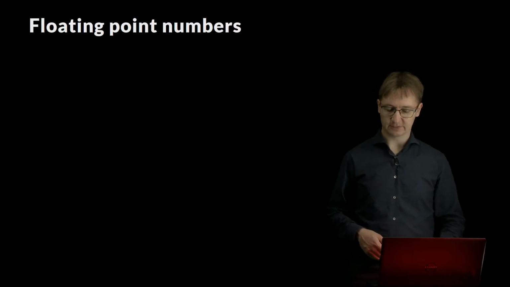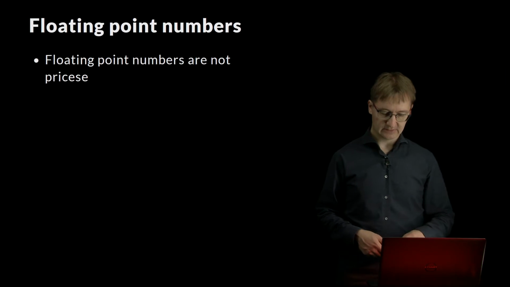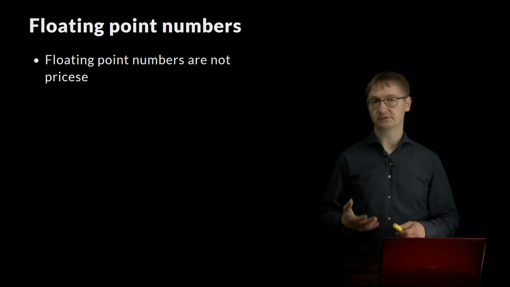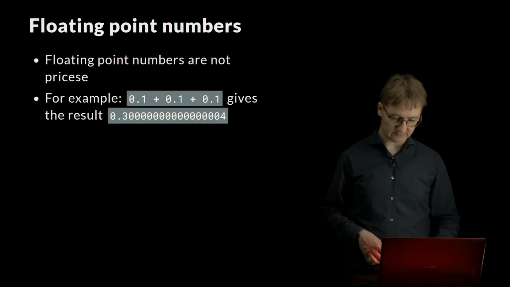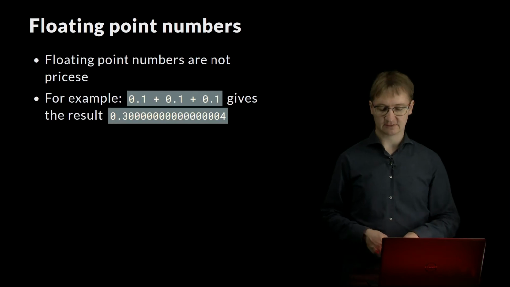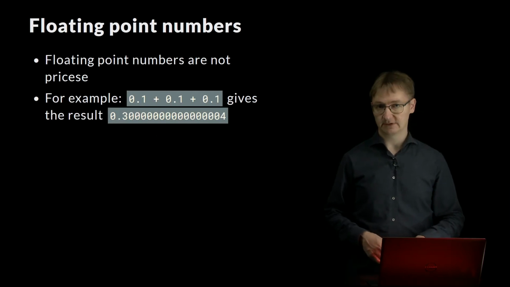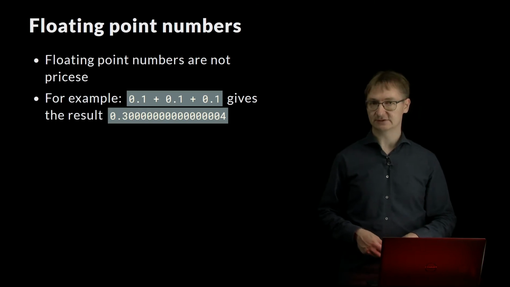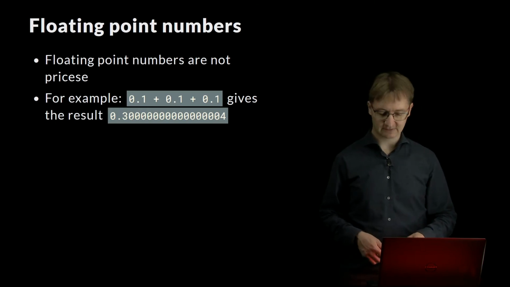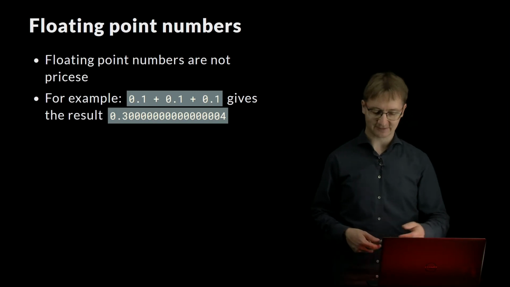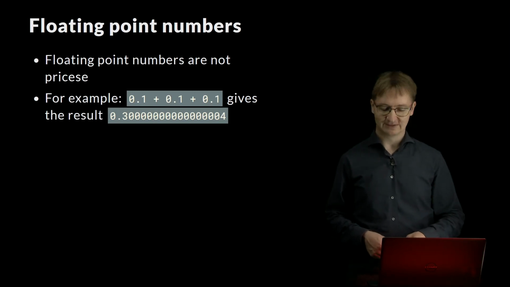So, floating point numbers. Floating point numbers are not precise. So, for example, if you take 0.1 and add it 3 times together, the result is not 0.3 as you might expect, but it's actually something like shown here.